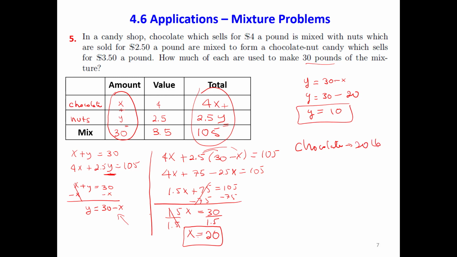In the case of the nuts, 10 pounds. And if we add 20 plus 10, we get 30. And these are the answers.